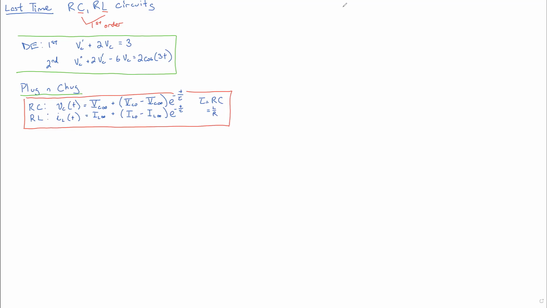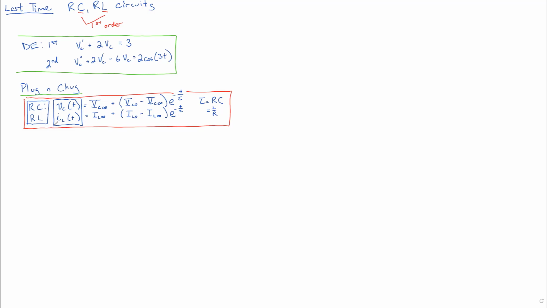Bingo. You tell them that for an RC circuit or RL, the very first step is to solve for the VC or IL. You got to do that first. After you do that, you can then, as a last step, solve for whatever else you're asked to find. But that first step has to be to solve for VC or IL.